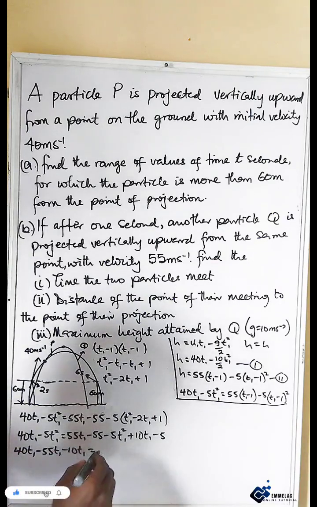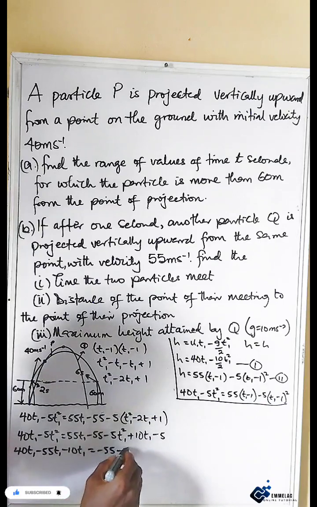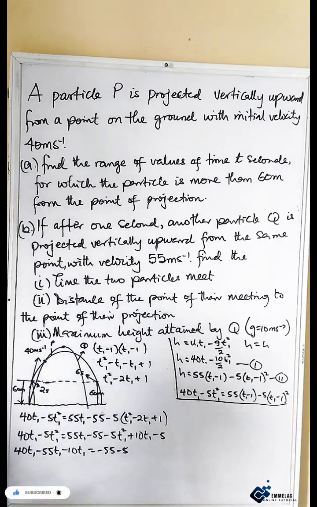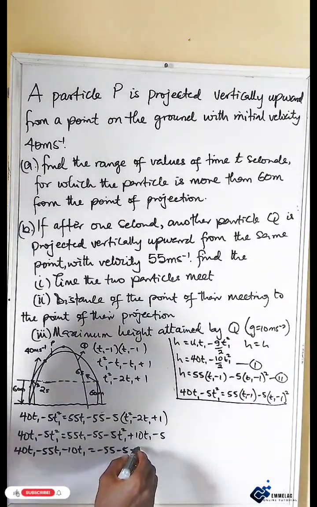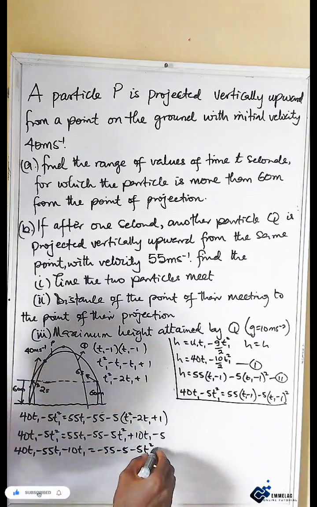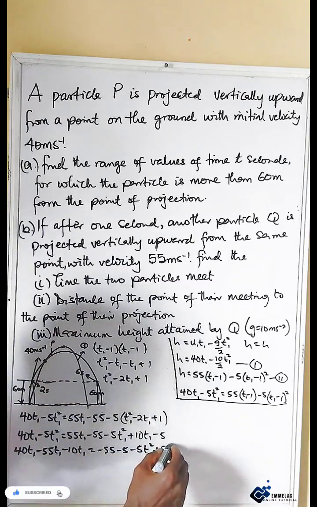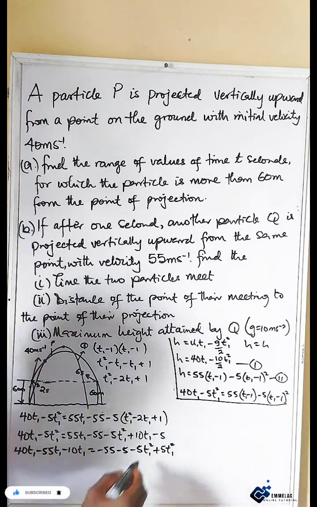Now we have here 55 then minus 5, then I guess that is all. Then we have negative 5t squared here plus 5t squared, so this will eliminate this.